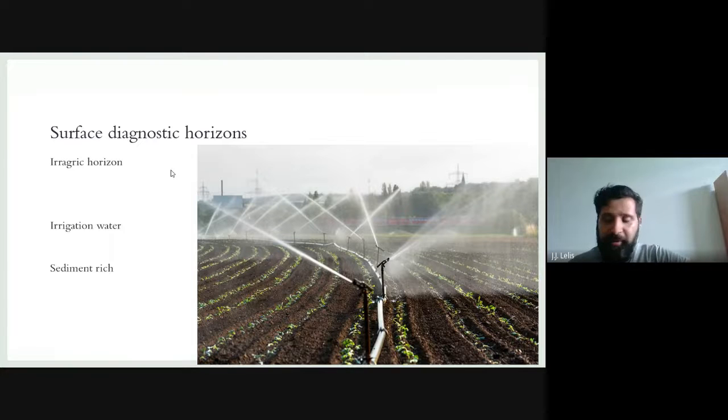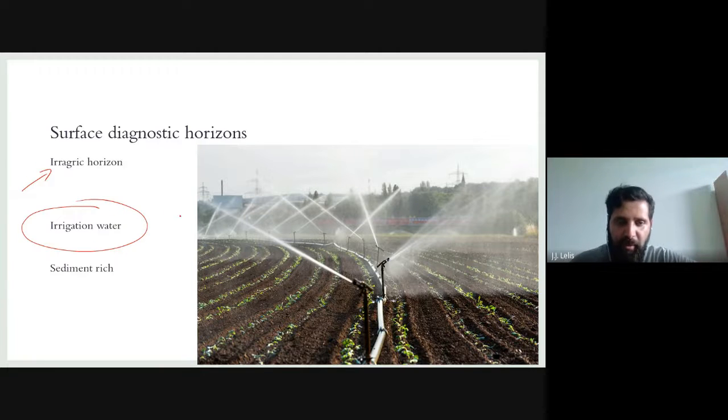And now we can see the irrigate horizon. This is a surface horizon that's formed by irrigation. If we add water to the soil, but it's not very good water. It's sediment rich water.